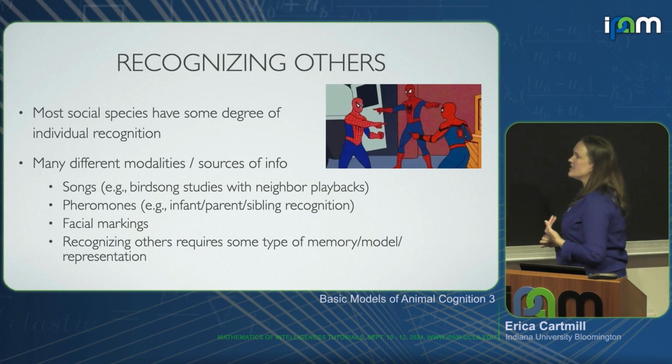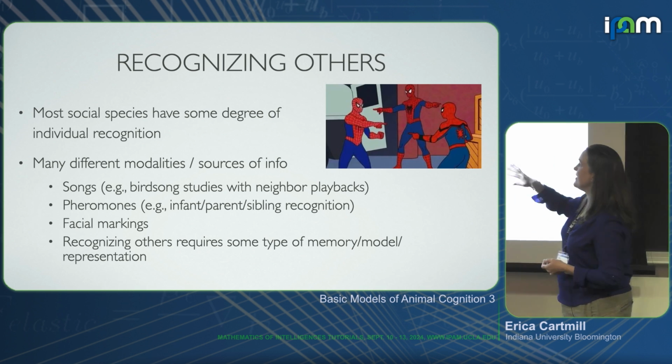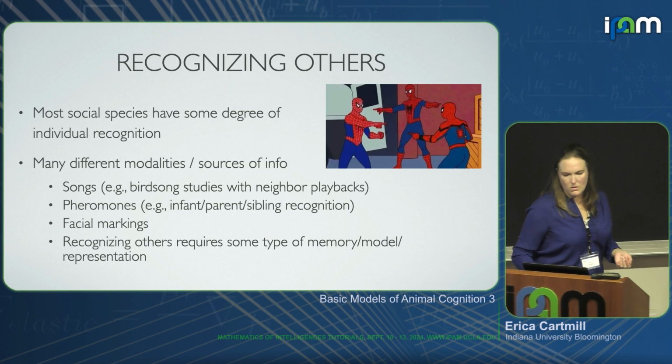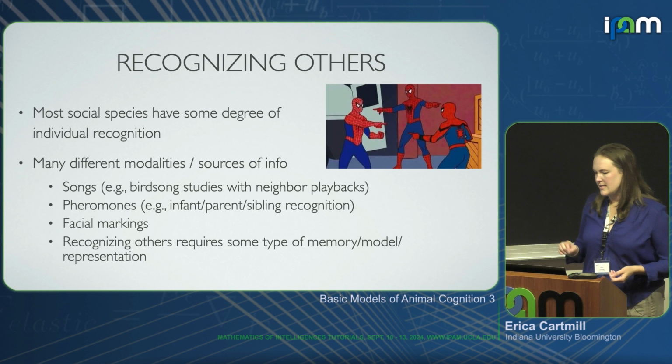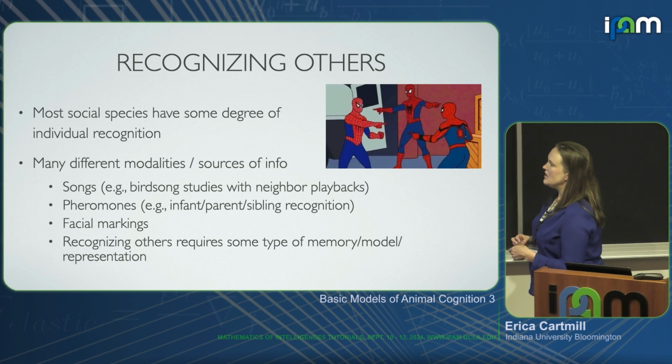Most species have some degree of individual recognition, but they use very different modalities and sources of information to make those judgments. So I'm going to walk you through one study that I think nicely demonstrates this with birdsong.